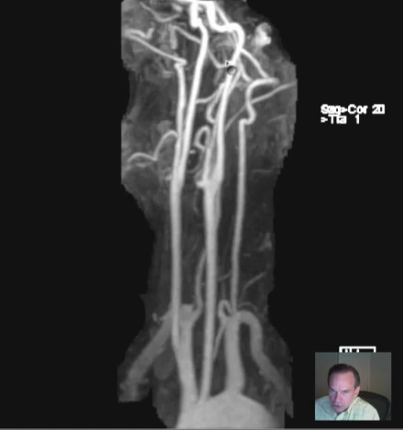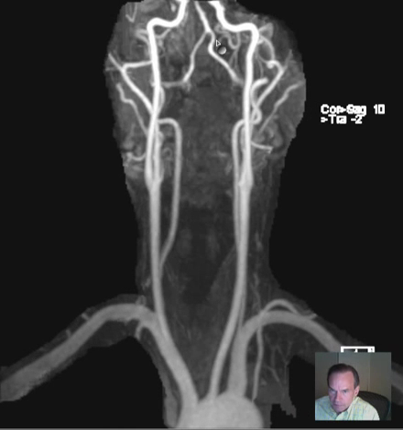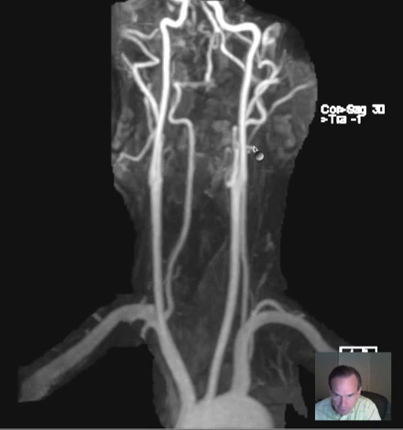And after it enters the cranial vault, it fuses on both sides. The right and left vertebral artery fuse to form the basilar artery, and the basilar artery is immediately ventral to the brain stem. It's in fact pretty much ventral to the pons, immediately ventral to that.